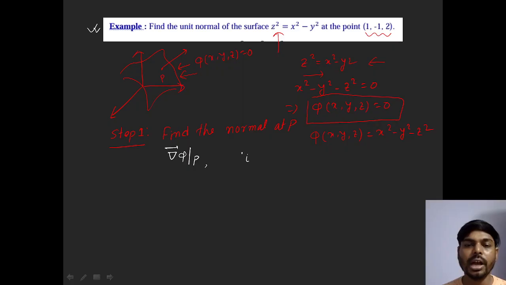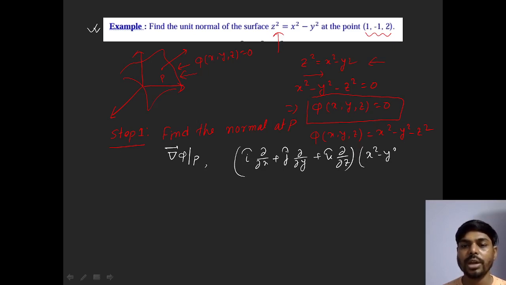So gradient means i cap del x plus j cap del y plus k cap del z, operated on phi. Phi means x square minus y square minus z square. When del x is operated on that, as you all know how to find the gradient, it gives you 2x minus 0 plus j cap.